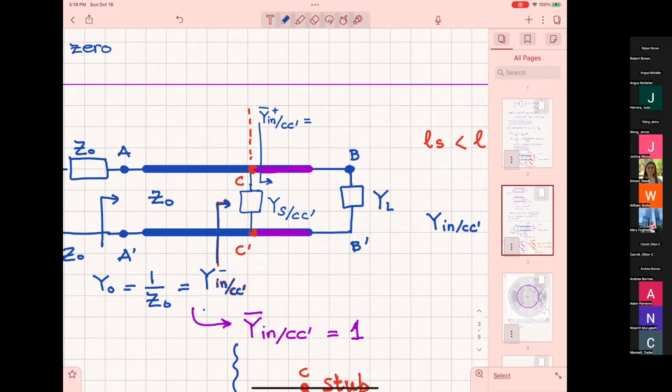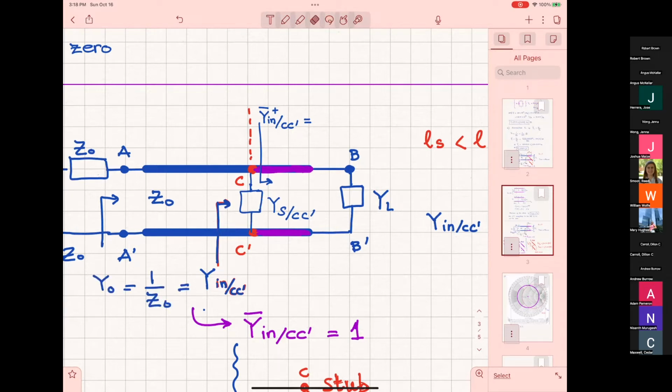So there is a single relationship that connects this one with this one. And what is this relationship that connects the two? In fact, I want to keep that.